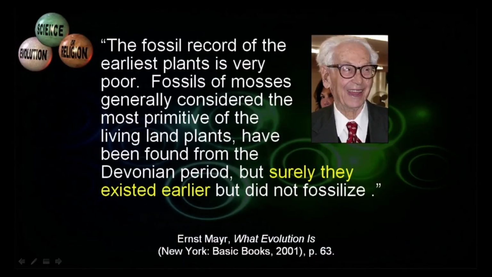Well, some evolutionists do understand this issue. Ernst Mayr was the greatest living evolutionist of the 20th century, professor at Harvard University. He said the fossil record of the earliest plants is very poor. Fossils of mosses, generally considered the most primitive of the living land plants, have been around from the Devonian period, but surely they existed earlier but did not fossilize.